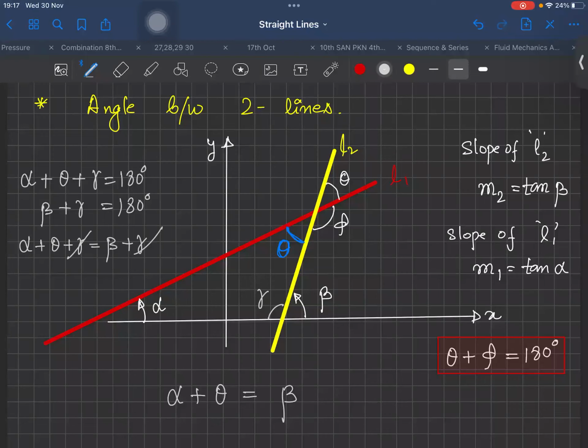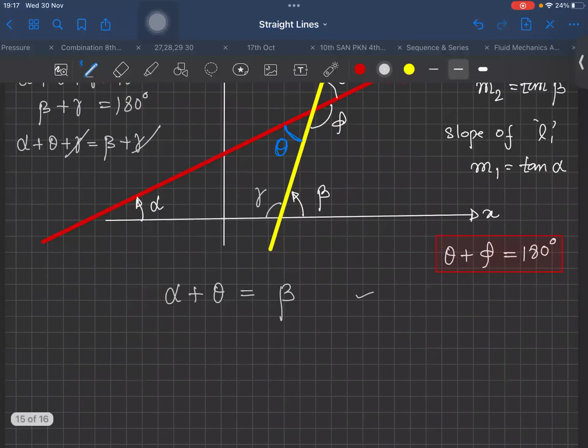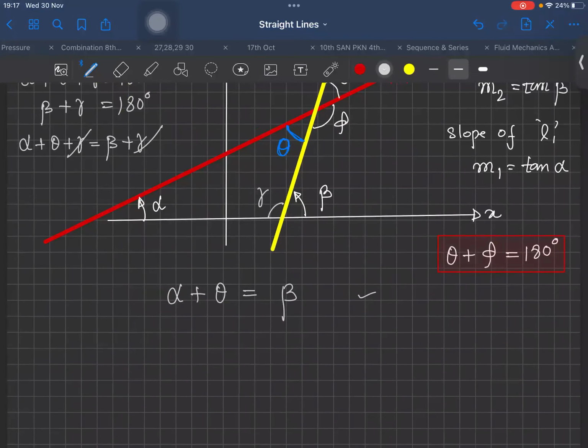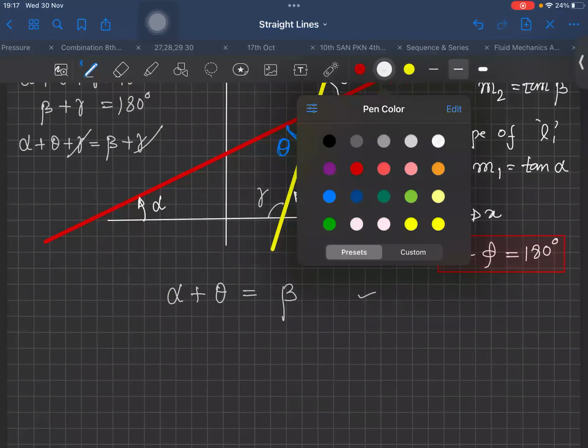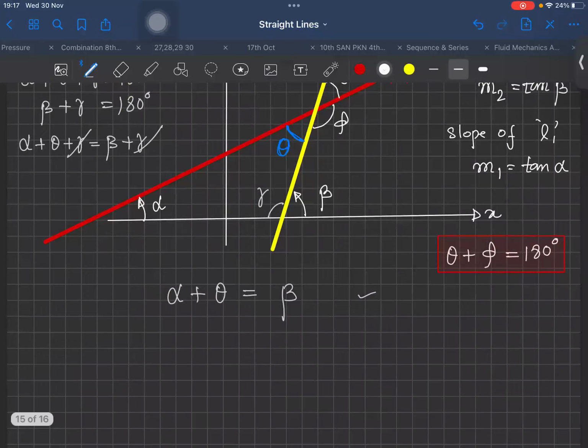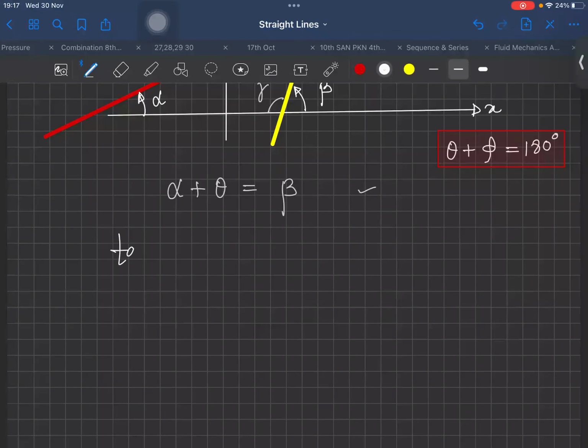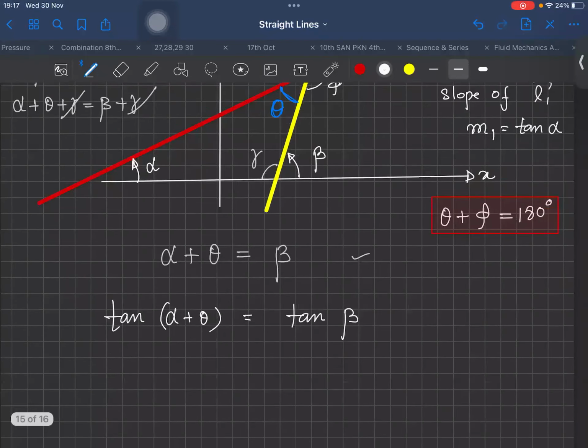So beta is equal to alpha plus theta. Is this correct? Yes. Now you take tan function on both sides. If you use tan function both sides, tan of alpha plus theta will be equal to tan beta. Can we write like this?